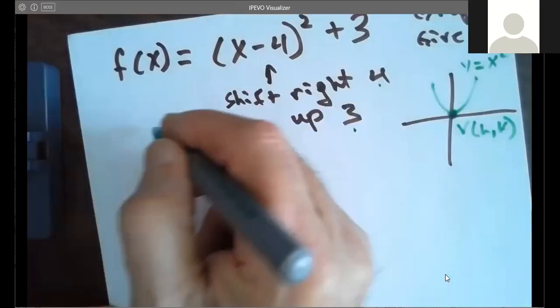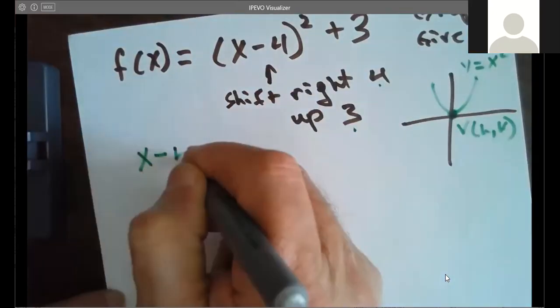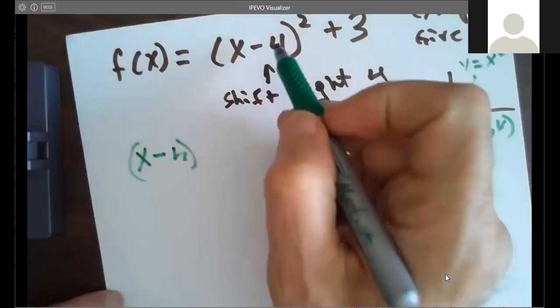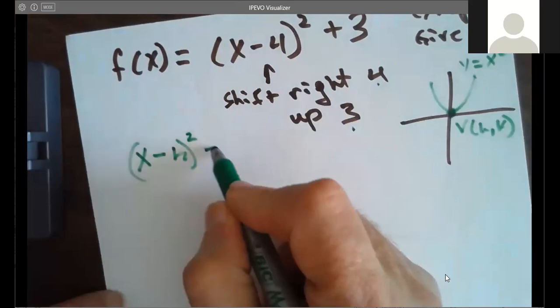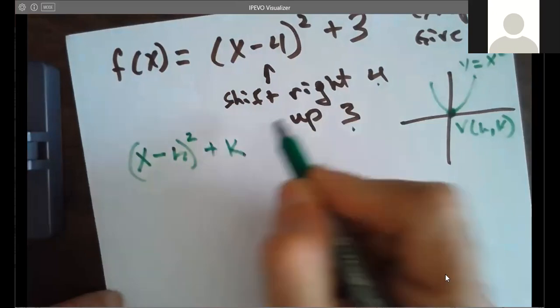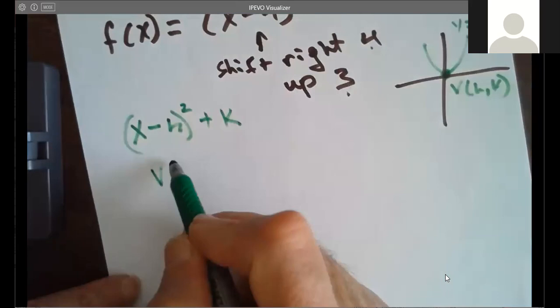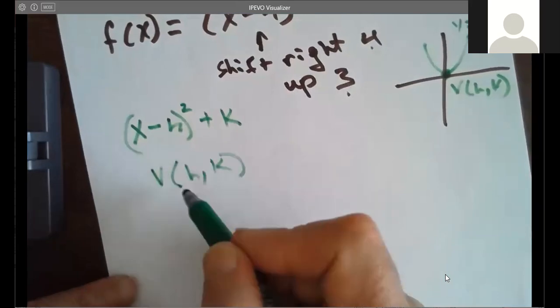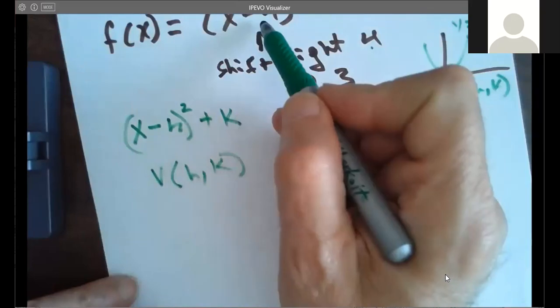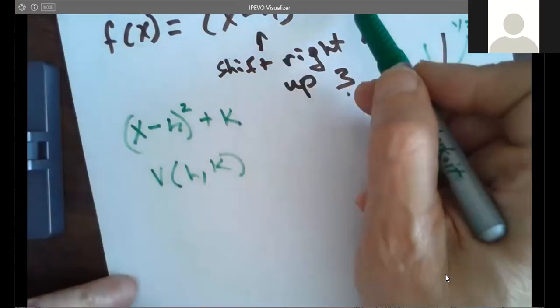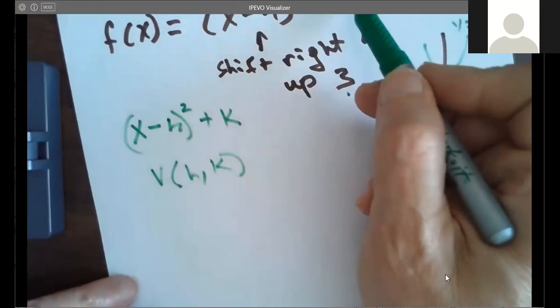So the number inside the parentheses, that's our h. The number outside, that's our k component to the vertex (h, k). H is always going to be with x. The k component of the vertex is always going to be outside.